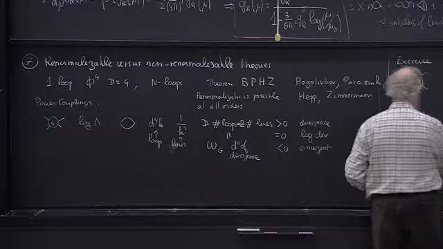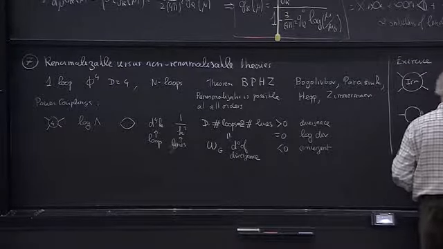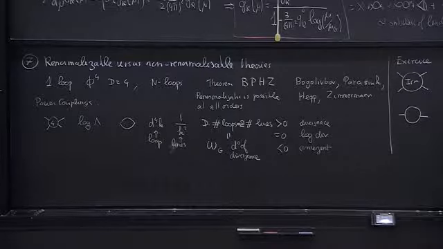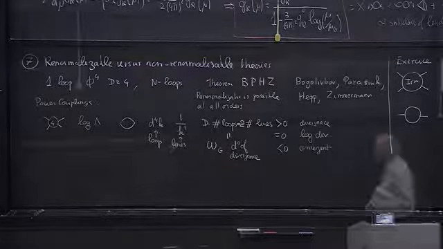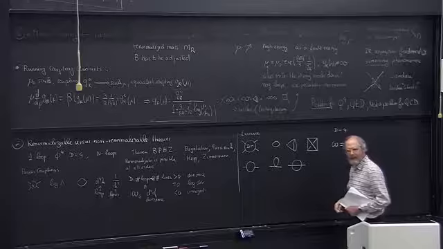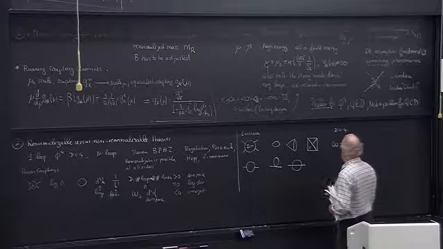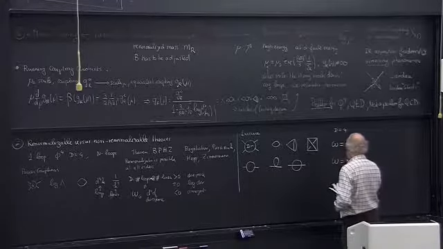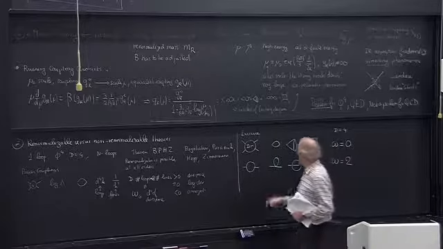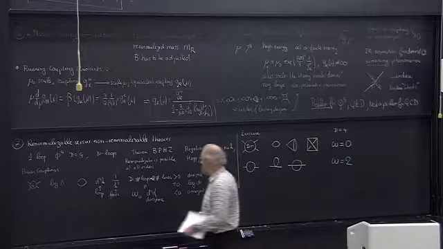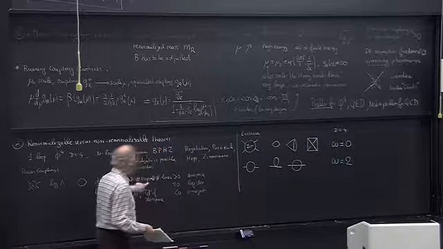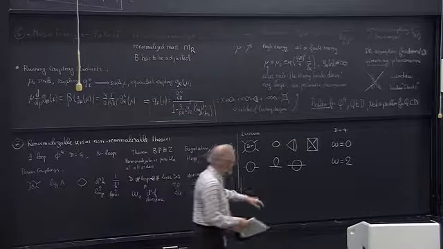Of course, for a 2-point function like this one, or this one, or some more complicated diagram, then you check that omega equals 2. It's 2 because, for instance, here you have 1 loop, but 1 line. So it's 4 minus 2. So omega equals 2.